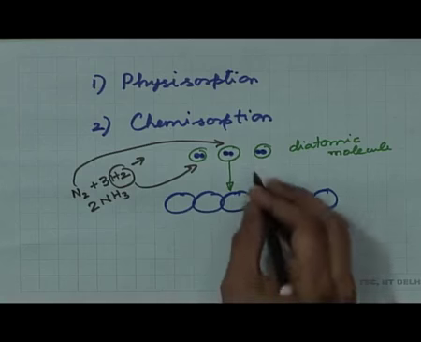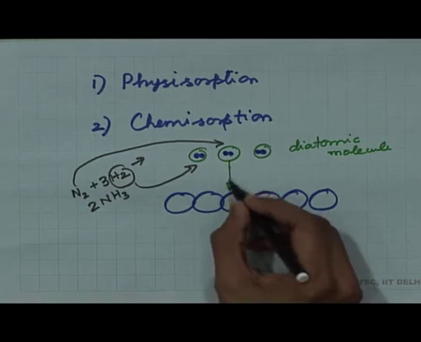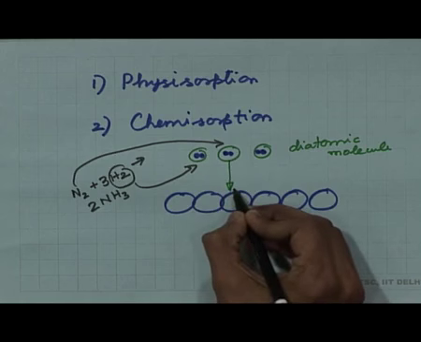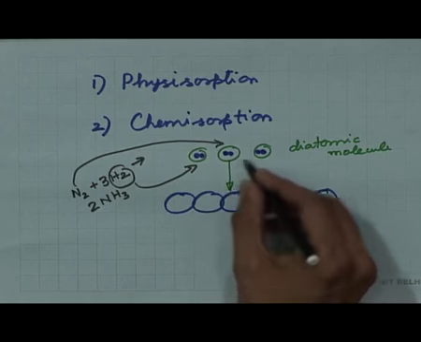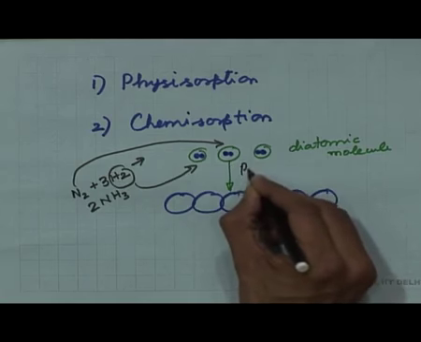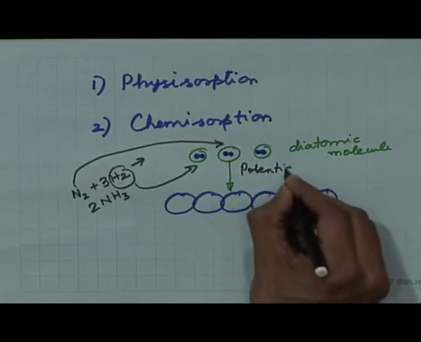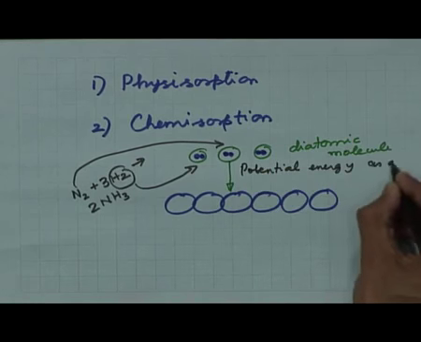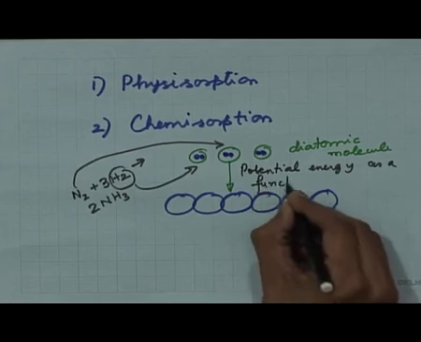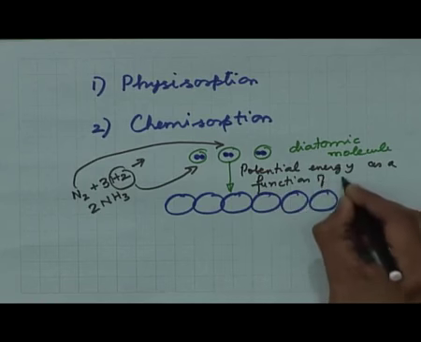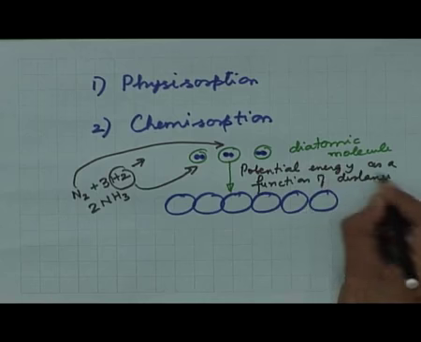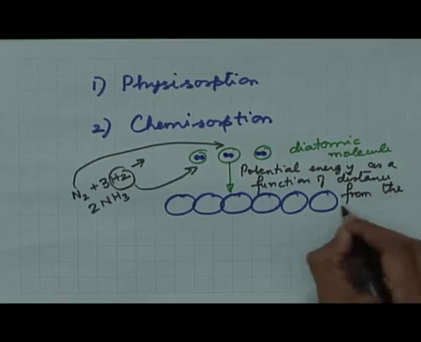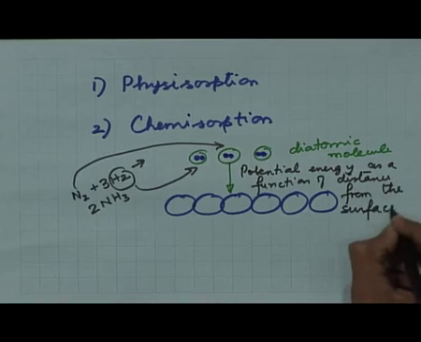And what we are going to do is to look at the potential energy as this diatomic molecule approaches the surface, as a function of distance from the surface. Okay.